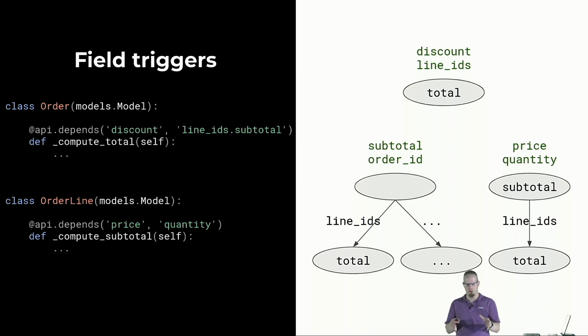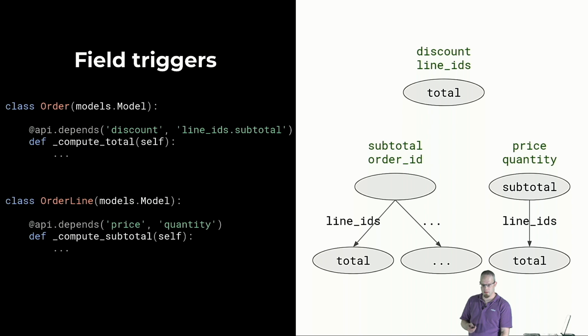The field triggers is actually a tree data structure. The nodes in the tree contain a set of fields to mark, to be computed or to invalidate from the cache. And the edges of the tree are labeled by fields.